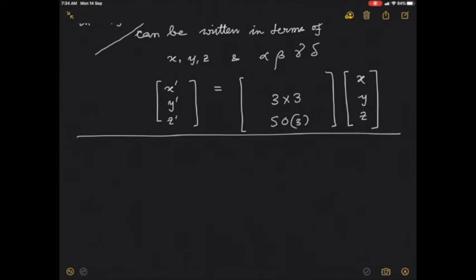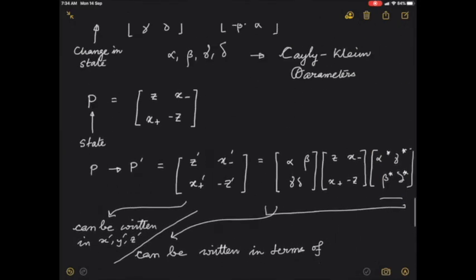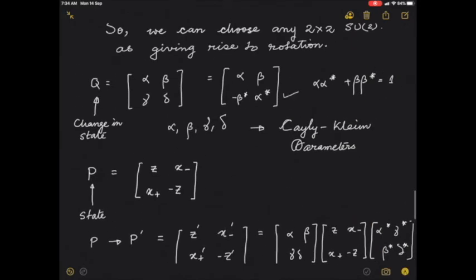Now, the entire Q matrix can be written in terms of alpha and beta only. So there is one way we can represent this: I can write alpha equals E0 plus iE3 and beta equals E2 plus iE1, or rather E1 plus iE2.